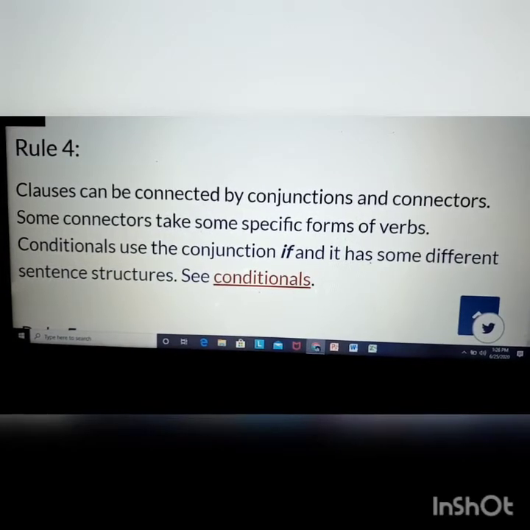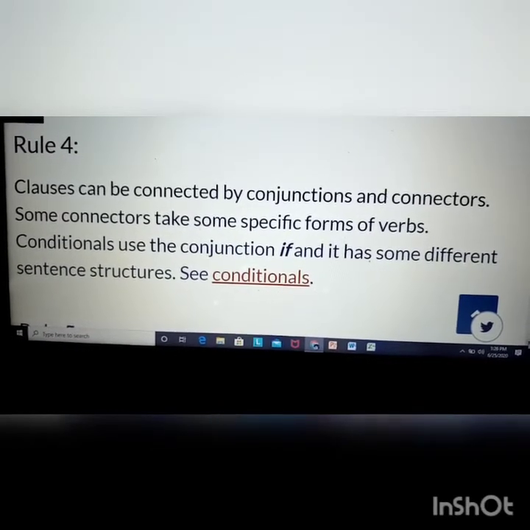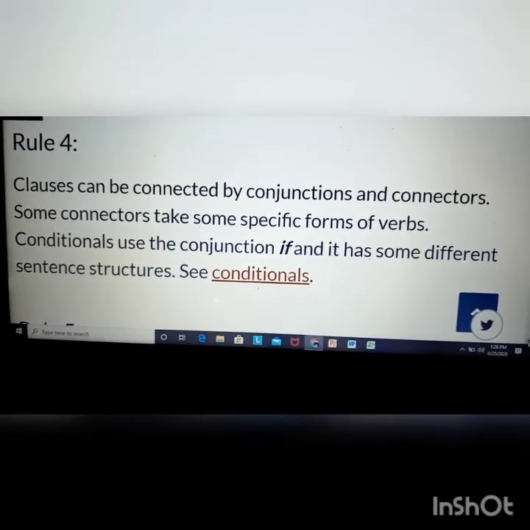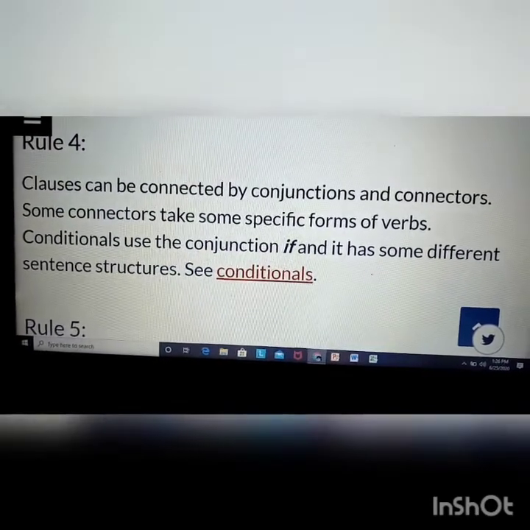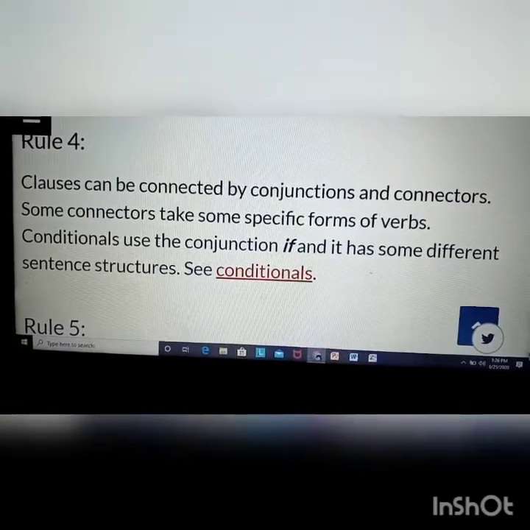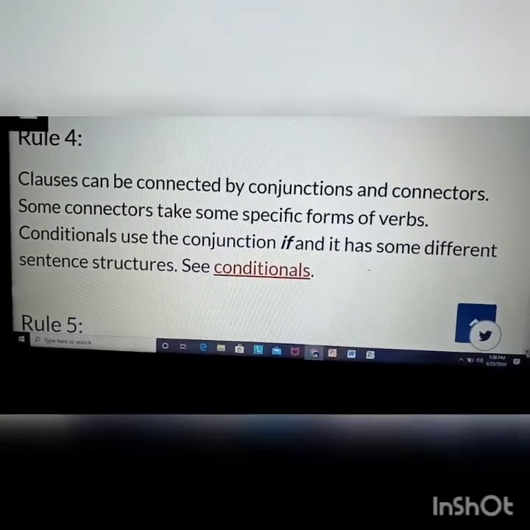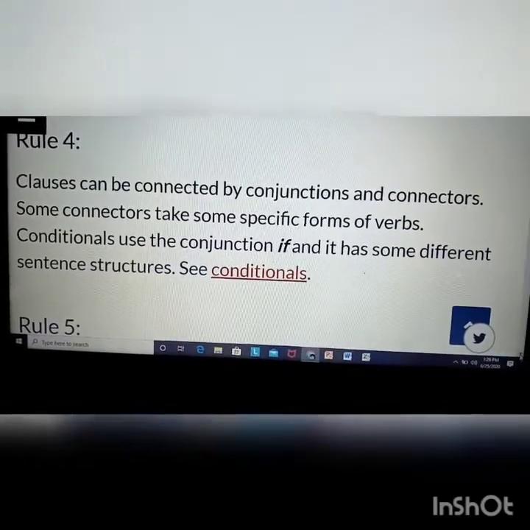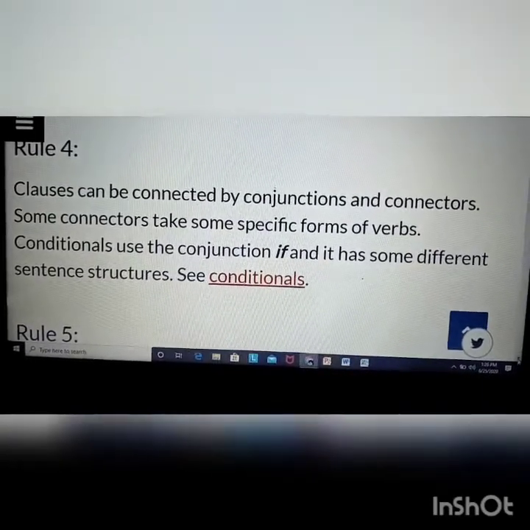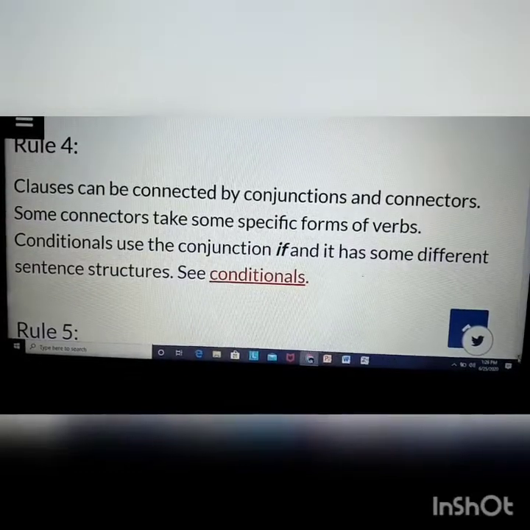Rule number 4. Clauses can be connected by conjunctions and connectors. So in a sentence there can be two or three clauses, but they are connected by conjunctions or connectors. Some connectors take some specific form of verbs.